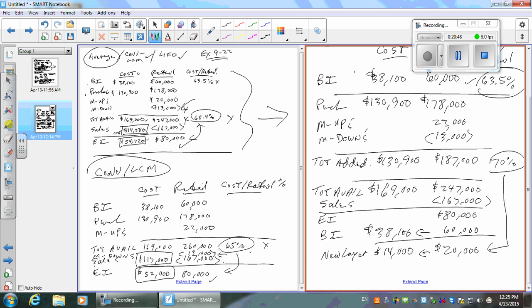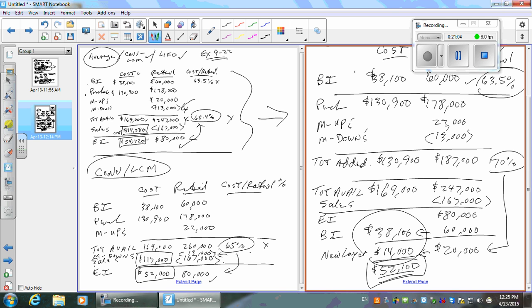Okay, so now we've got it made, don't we? That 80,000 total inventory is going to be what on your general ledger and in your financial statements? 52,100 is the LIFO inventory, okay?